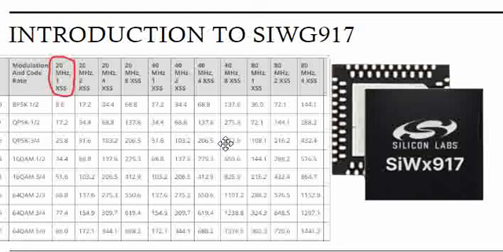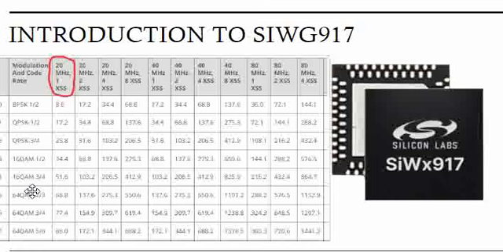That is the modulation coding scheme, which determines the data rate in the Wi-Fi 6 chip. So here is a table. On the left we have the MCS rate and the corresponding modulation. So MCS 0, 1, 2, 3, 4, 5, 6, 7. We can see the kind of modulation related to MCS 0 to 7.